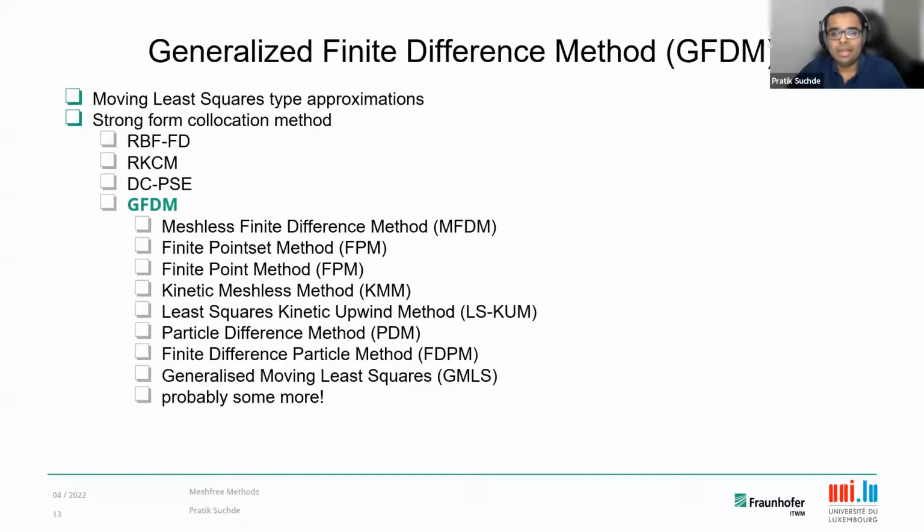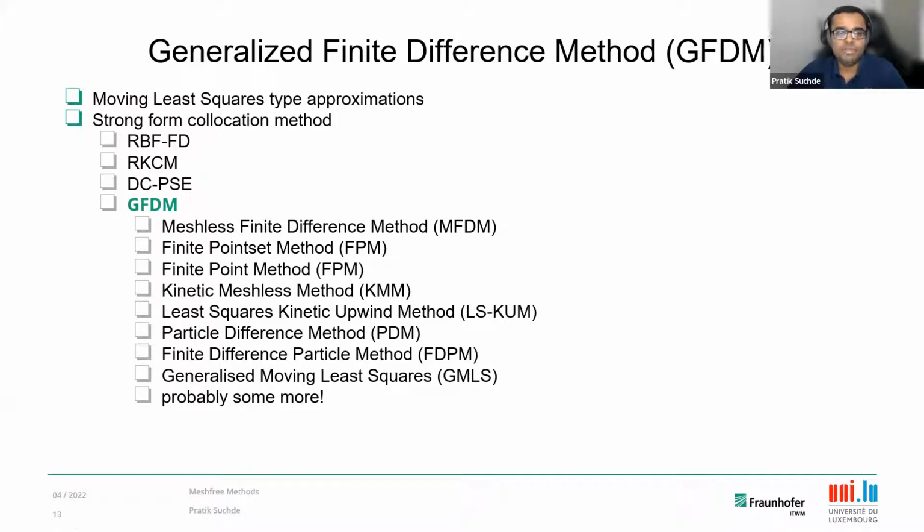Now I'll come to how we discretize derivatives. Meshfree frameworks naturally have both strong and weak formulations. Today, I'll only be talking about strong form Meshfree methods, or collocation methods. Most of these have some form of moving least squares type approximations.